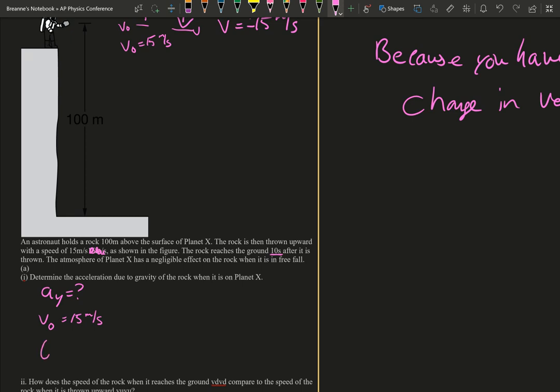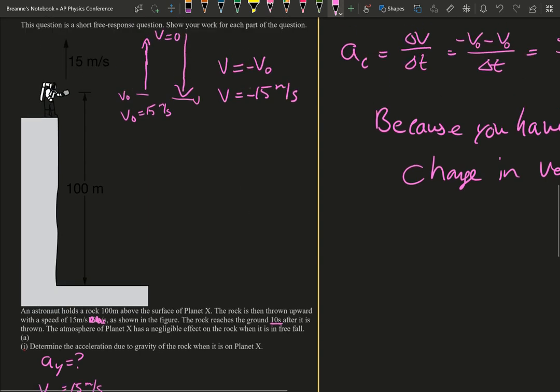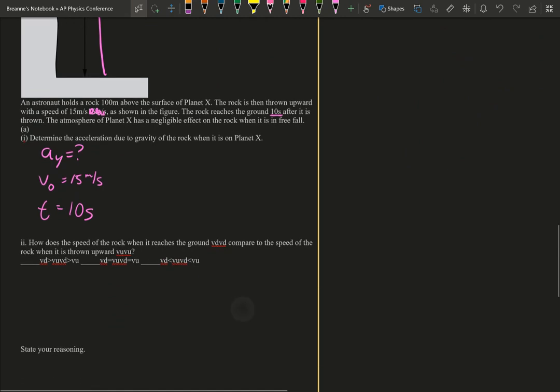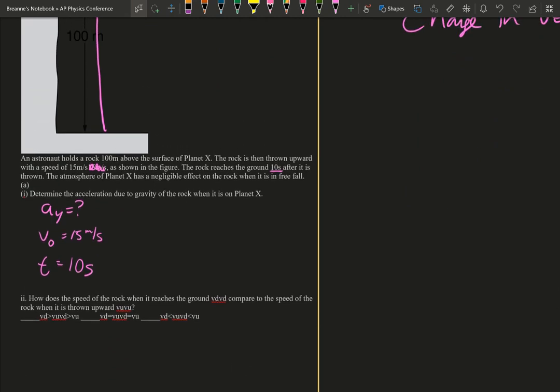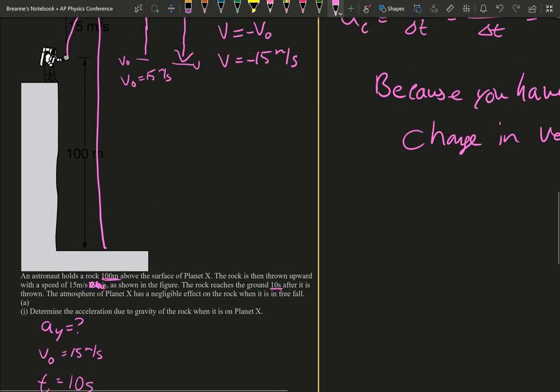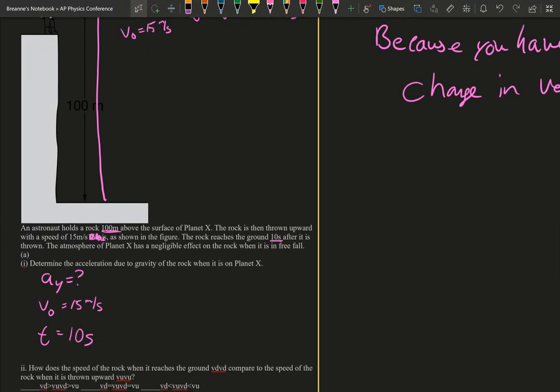It takes 10 seconds, and we know the rock is 100 meters above, so our distance is 100 meters.